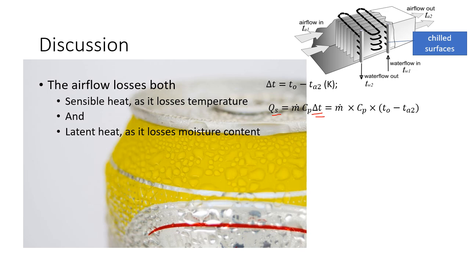Now for the latent heat, this is the surface of a can, and in the room, we see the dew happens. That means the room air lost latent heat because it's in contact with a low temperature surface. The surface is lower than the dew point of the room, and then inevitably it lost moisture. And the latent heat is associated with the moisture content change, multiplied by the mass flow rate, and multiplied by the heat of evaporation.